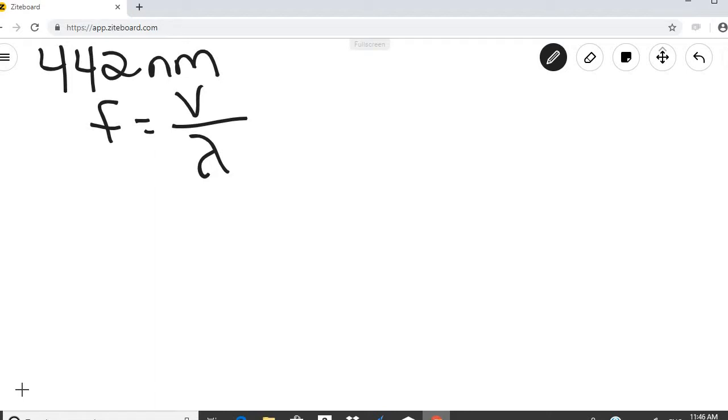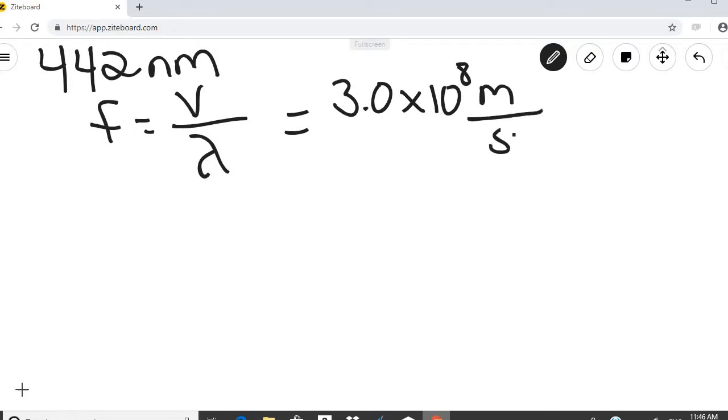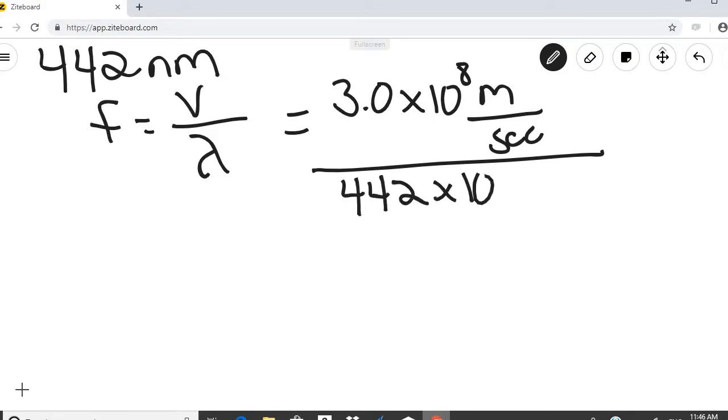And the speed of light, which you will be given on a test, is 3.0 times 10 to the 8th meters per second. We will divide that by the wavelength, 442 times 10 to the negative 9 meters. So 10 to the negative 9 is what a nanometer is.